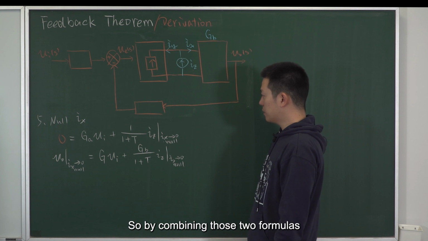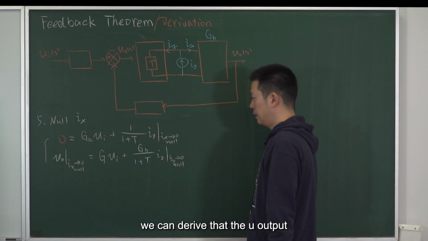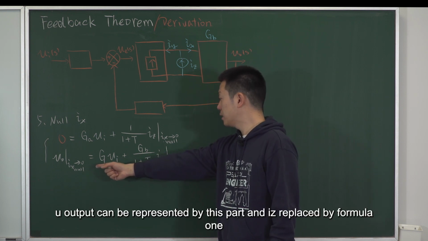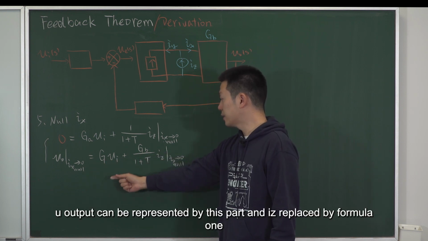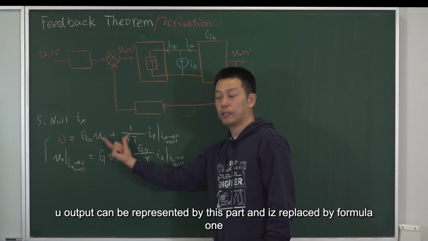So by combining those two formulas, we can derive that the U output, right? U output can be represented by this part, and Iz replaced by formula 1.